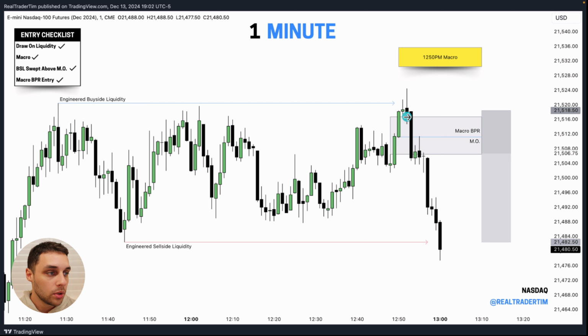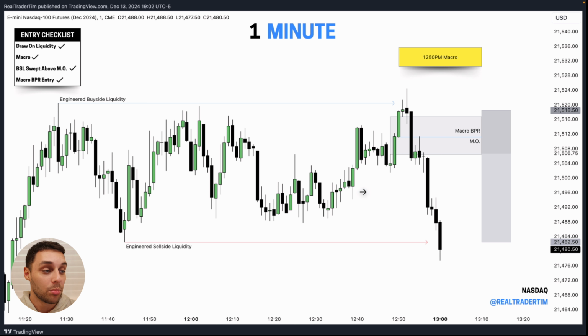If we were truly bullish, would we want to see price after running the highs just come right down and have no problem closing below bullish fair value gaps or BISIs, knowing that there's clear as day relative equal lows below those fair value gaps? No. So this is confirmation that this is a turning point and that price is going to want to seek the opposing range engineered sell side liquidity.